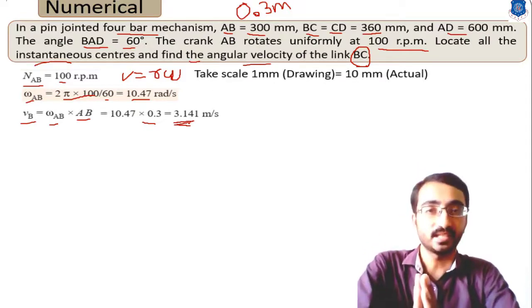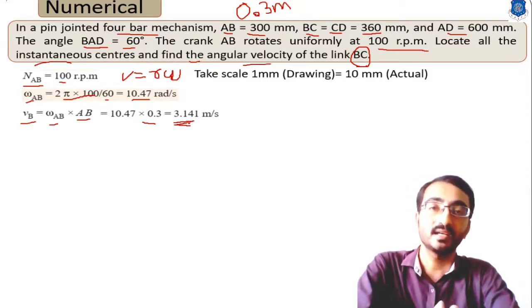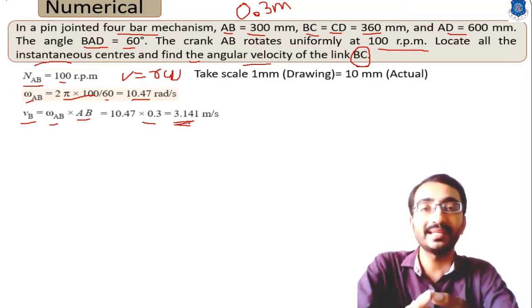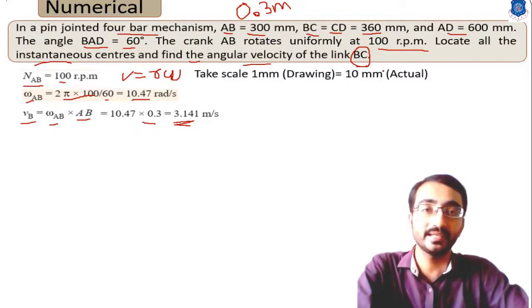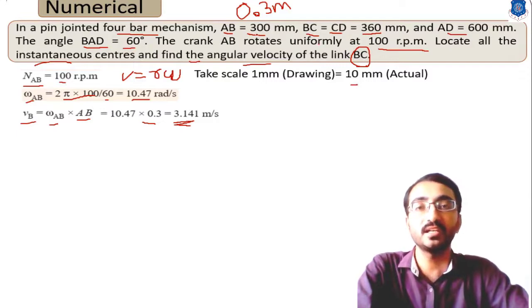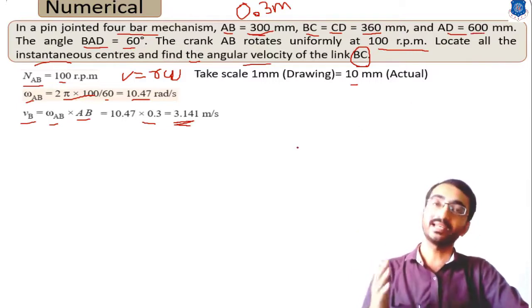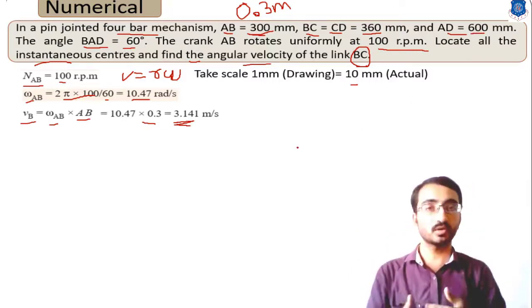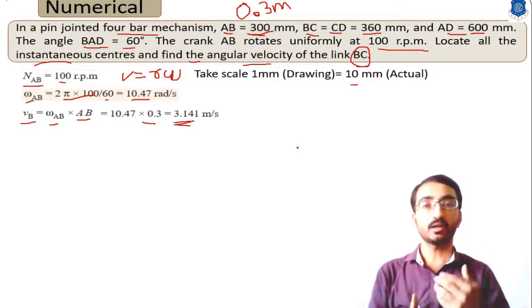To sketch this mechanism we have to consider one scale. Let's consider that 1 mm of drawing length represents an actual length of 10 mm. Why are we taking this scale? If you sketch the lines of AB 300 mm, 360 mm and 600 mm, the 600 mm line would be 60 centimeters, and that is not possible to sketch on A4 paper or a drawing sheet.